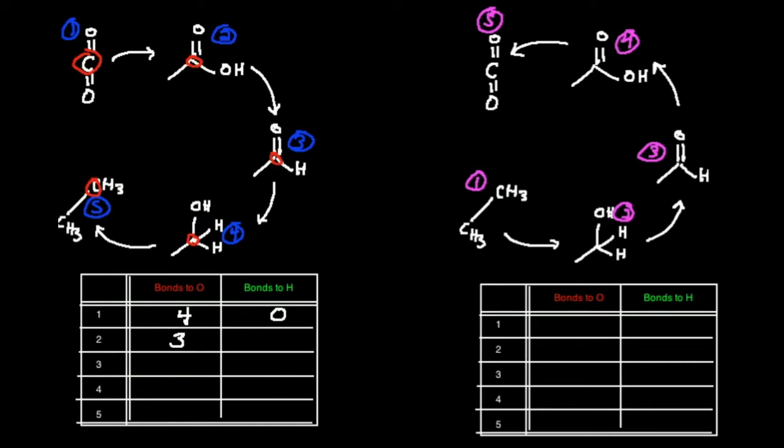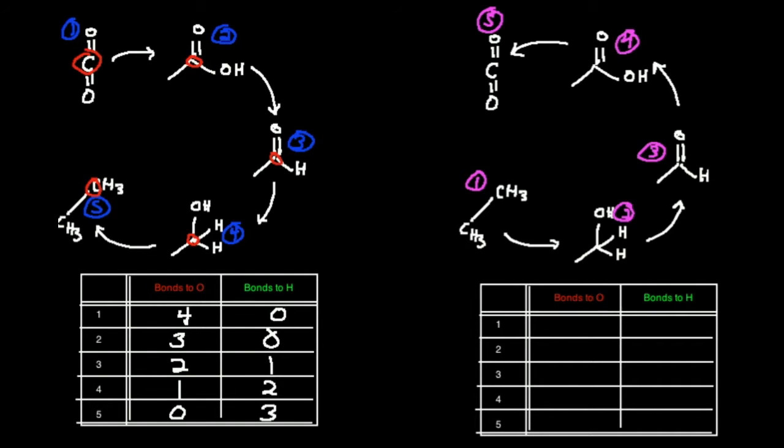Well, it's still 0. But now for acetaldehyde, how many bonds to oxygen do we have? 2. How many bonds to hydrogen? 1, this hydrogen over here. For ethanol, how many bonds to oxygen? 1. How many bonds to hydrogen? Well, there's 2 here, so 2 bonds. And then for ethane, how many bonds to oxygen? 0. And how many bonds to hydrogen? Well, there's 3 of them here, so 3.